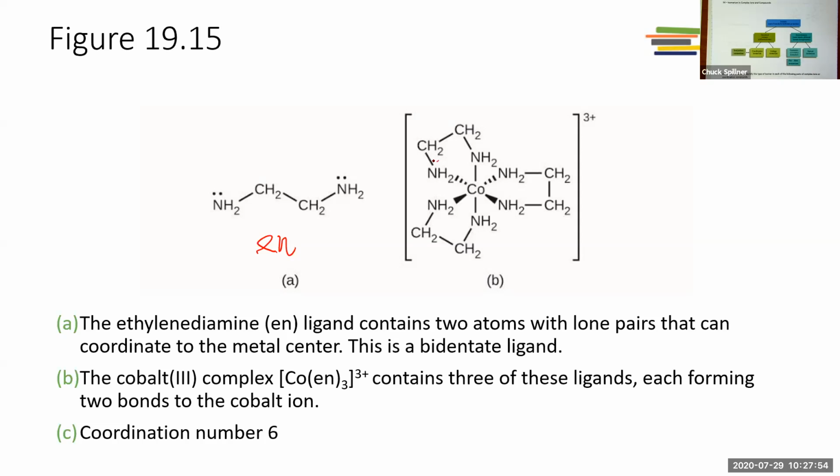So we have 1, 2, 3, 4, 5, 6 nitrogens that are coordinating to that central cobalt atom or ion. The coordination number, and I'll use CN for coordination number, is 6 here. So since it's a coordination number 6, it forms an octahedral complex.